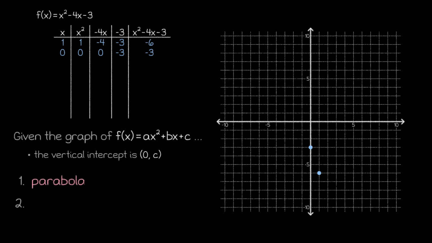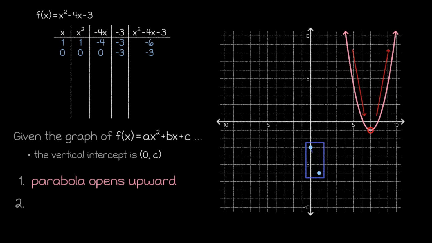Most parabolas that we've encountered so far open upward like this. These parabolas start with a decreasing interval and then switch to an increasing interval after the vertex. And since the value of our function decreases as we go from 0 to 1, that could fit this situation with a graph that looks something like this.